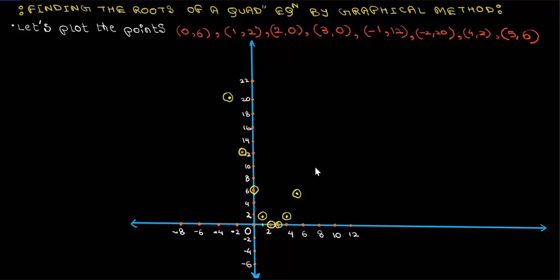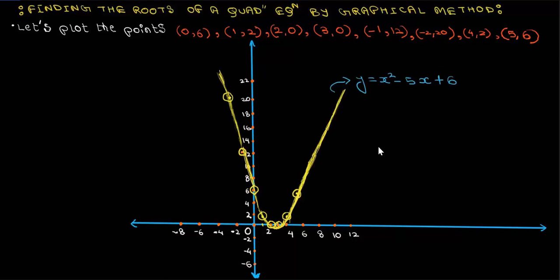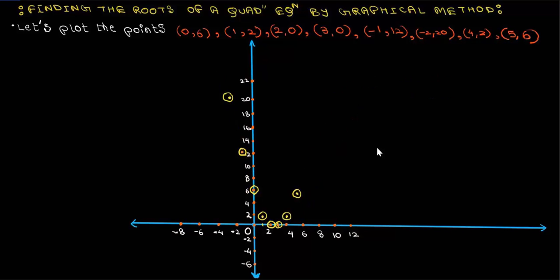Minus 1 comma 12. Minus 1 will be this point, comma 12. So this point is minus 1 comma 12. Minus 2 comma 20. Similarly we will plot all the other points.